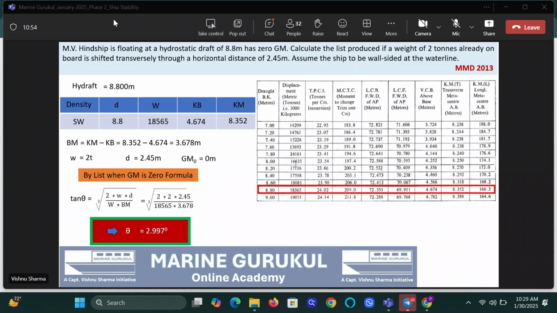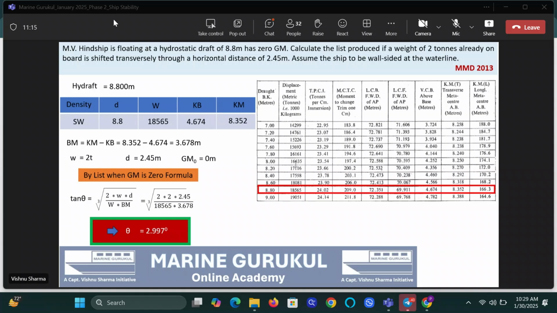Please see if you're able to use the calculator. Yes, sir, correct. Okay. Please use your calculator. Make sure you're using cube root, not square root.